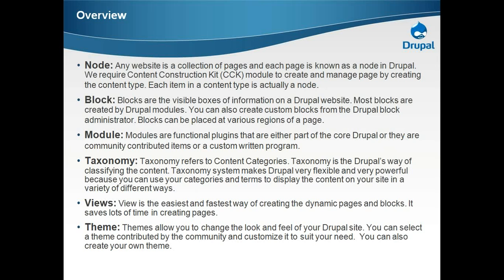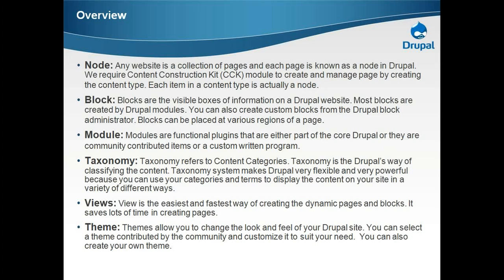A block. Just think of your website. On your website you see many sections: a header, a banner on top, some images on the left-hand side, some text in the middle, and so on. This whole layout is a collection of blocks. That means each section is known as a block in Drupal language.